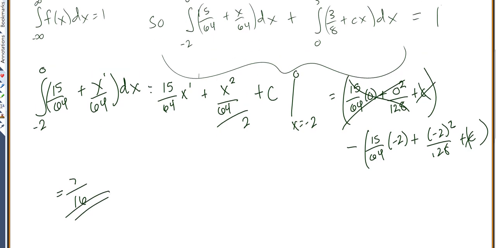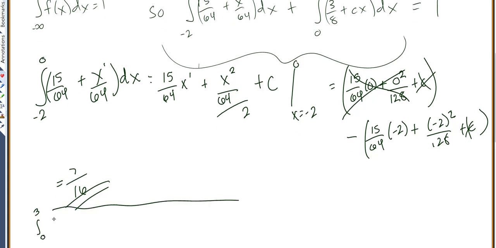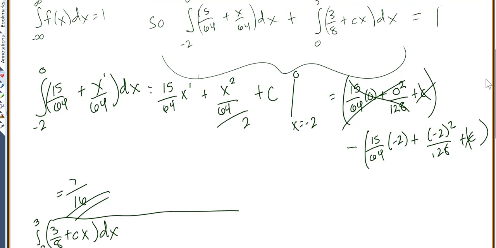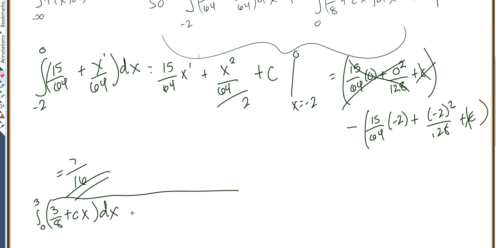Now let's do the second piece. So now we will need to integrate from 0 to 3 of 3/8 plus c x dx. Now it's kind of unfortunate that's a c, and up here I did my big C for integration. They don't really have anything to do with each other. To integrate that, when you integrate a constant 3/8, that'll be 3/8 x. Plus that c is just some unknown constant, but it is still a constant, and then we'll have x to the power of 2 divided by 2.